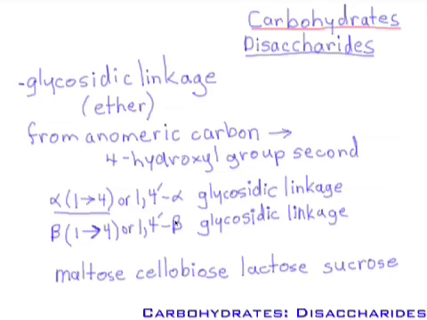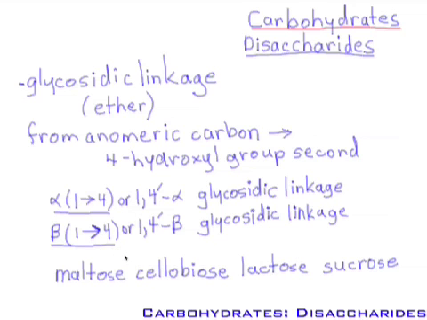If the monosaccharide anomeric carbon has a beta hydroxyl group, then the connection in the disaccharide is referred to as a beta 1,4 or 1,4' beta glycosidic linkage. In this course, we'll use the alpha 1,4 and beta 1,4 designations.